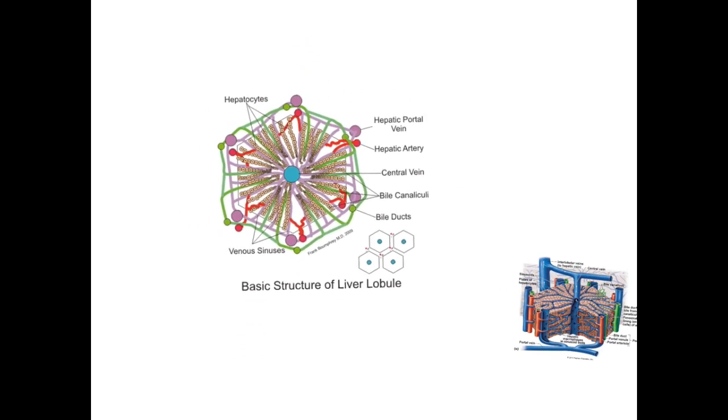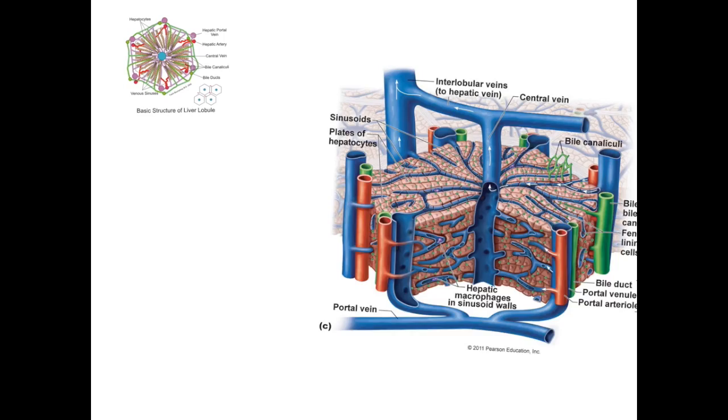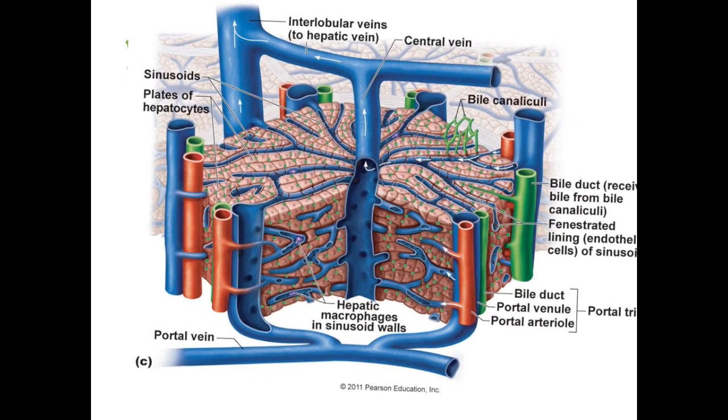If we look at this picture here, you will find that, I will make this small, you will find that here is a more magnified diagram. You will see that we have here at the portal tract or portal canal, a branch of the hepatic artery, a branch of the portal vein.